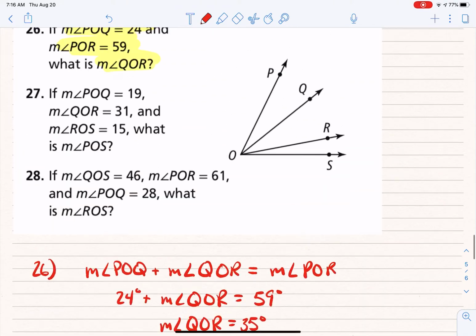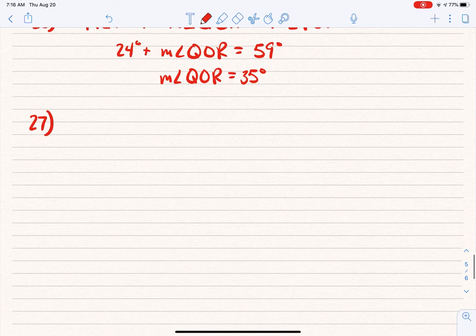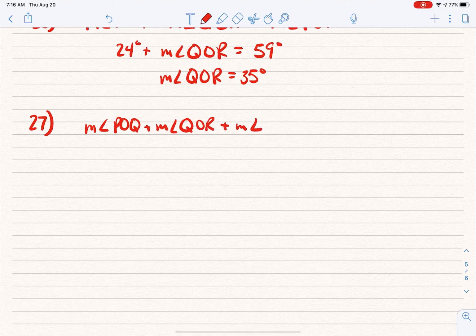Number 27, a little bit more complicated. This time, it gives us basically all three angles. It gives us angle POQ, angle QOR, and angle ROS, and it says, hey, how big is the whole thing? Well, clearly we just have to add them all up. So I'm going to say the measure of angle POQ plus the measure of angle QOR plus the measure of angle ROS all add up to be the measure of angle POS.